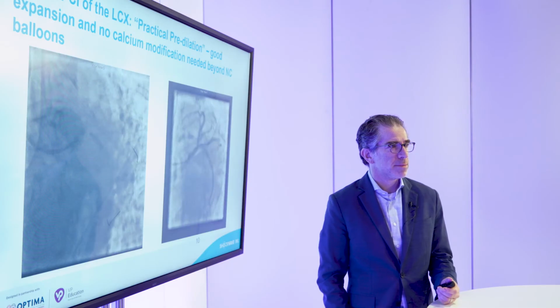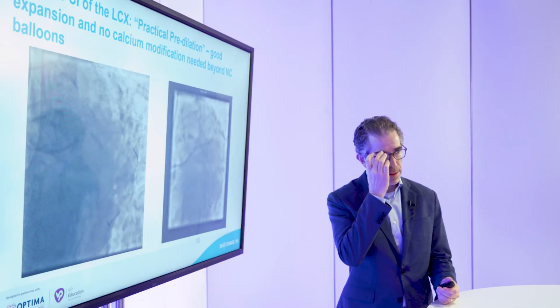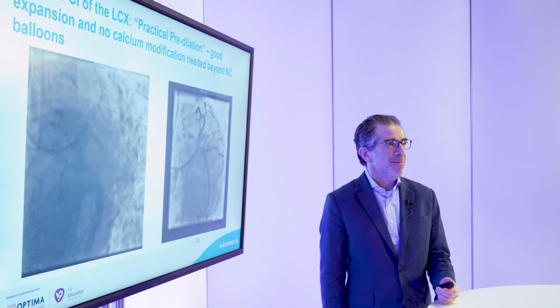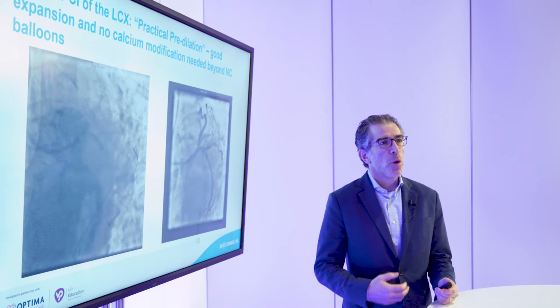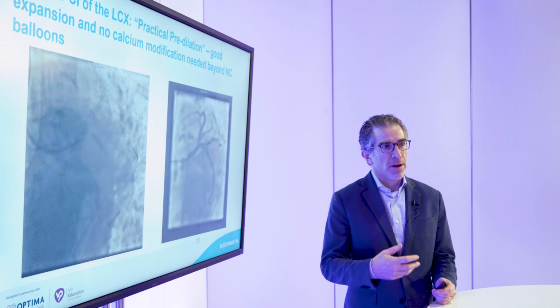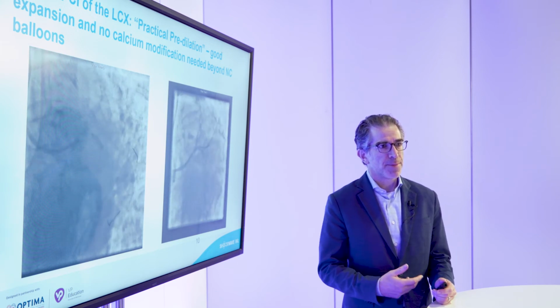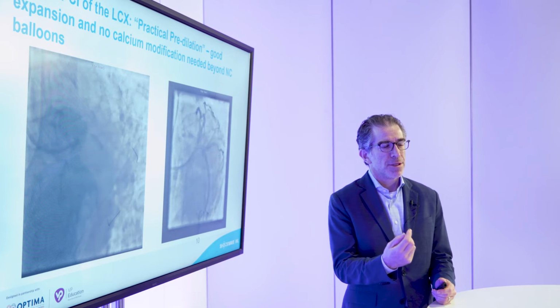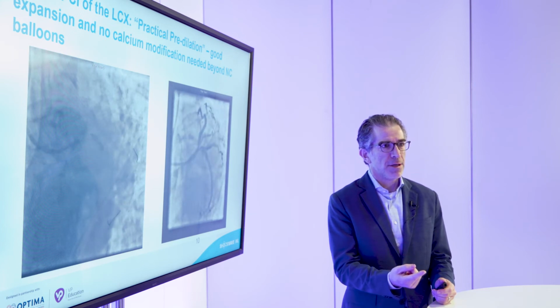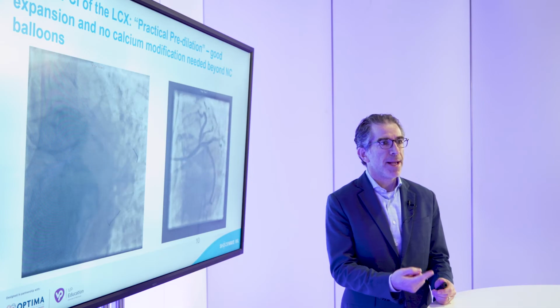In terms of all the data that was presented at TCT, what were some of the key takeaways from your perspective? I think there are two major takeaways. There's the 1-year Disrupt CAD III data, which showed that the 1-year rates of MACE, TVF, and ischemia-driven target lesion revascularization were low and acceptable, single-digit ischemia-driven TLR rates in a highly calcified lesion cohort of average length 26 millimeters.